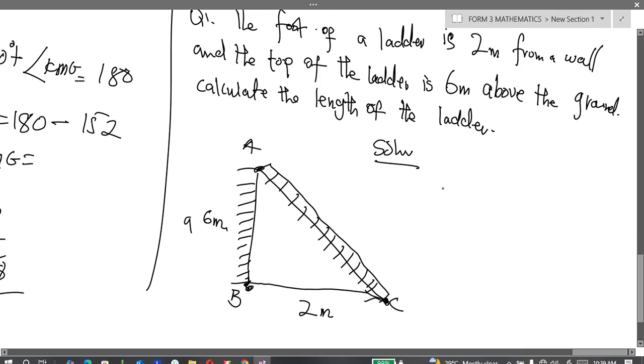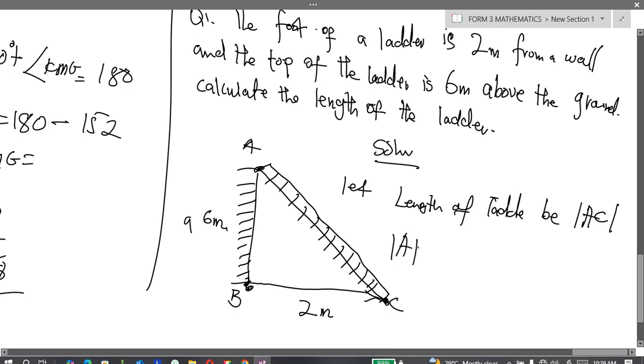So how do we find our ladder? Let the length of the ladder be AC. We are defining the length of the ladder as AC. So using Pythagorean theorem, AC squared will be equal to AB squared plus BC squared.